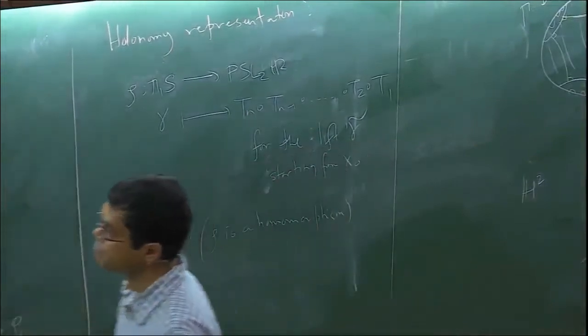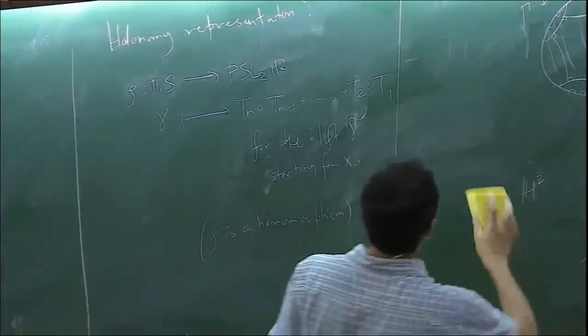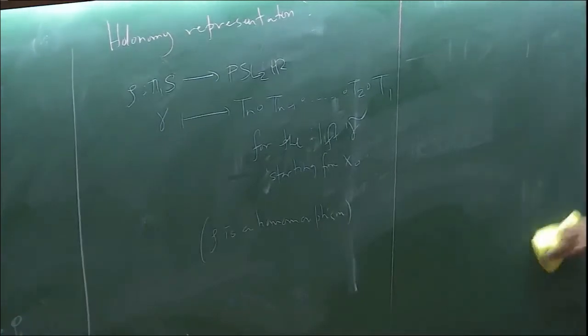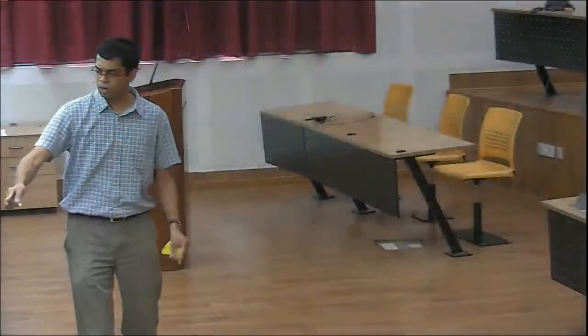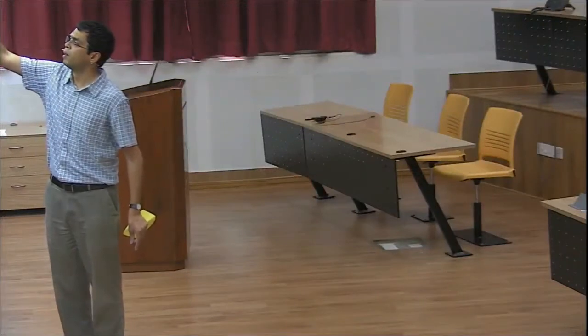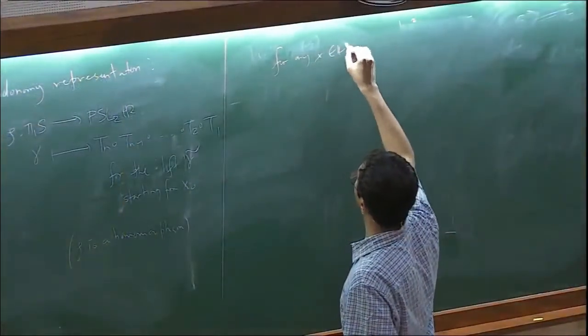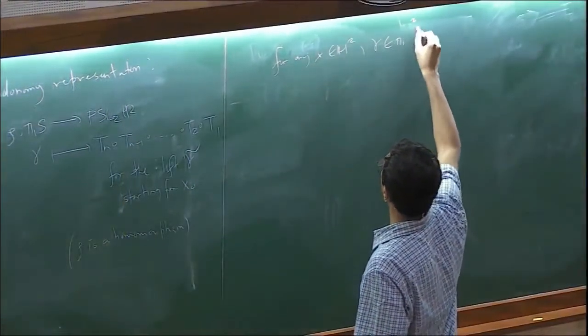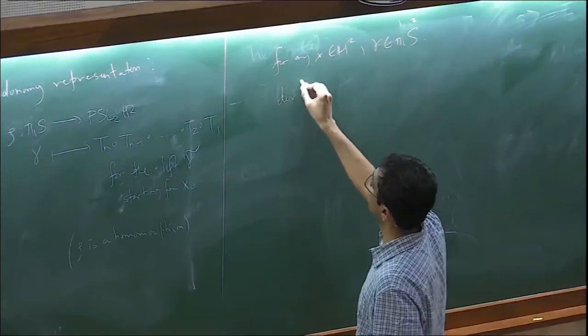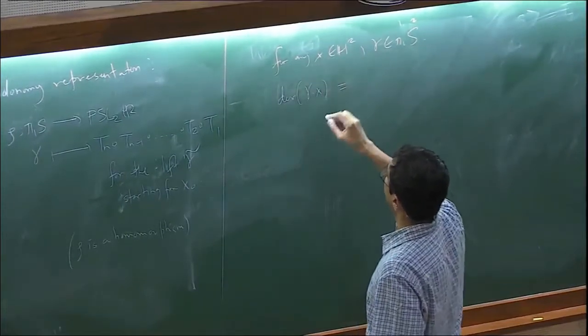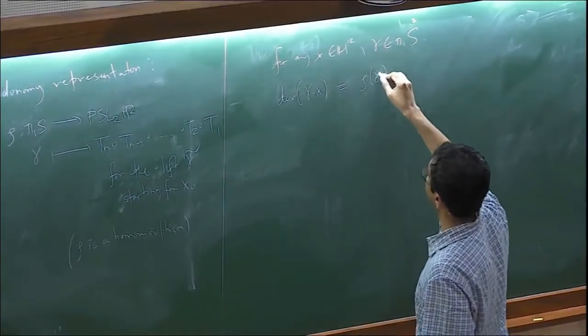Okay, and by definition, there's a compatibility between these two. You notice that what happens is this developing map, for any x in H2 and gamma in pi 1 of S, and the representation are intertwined this way.